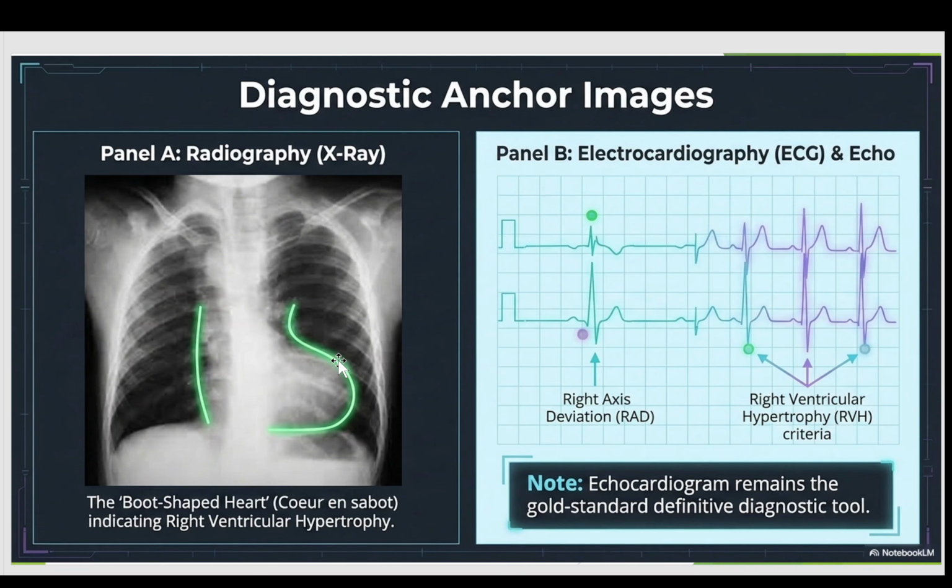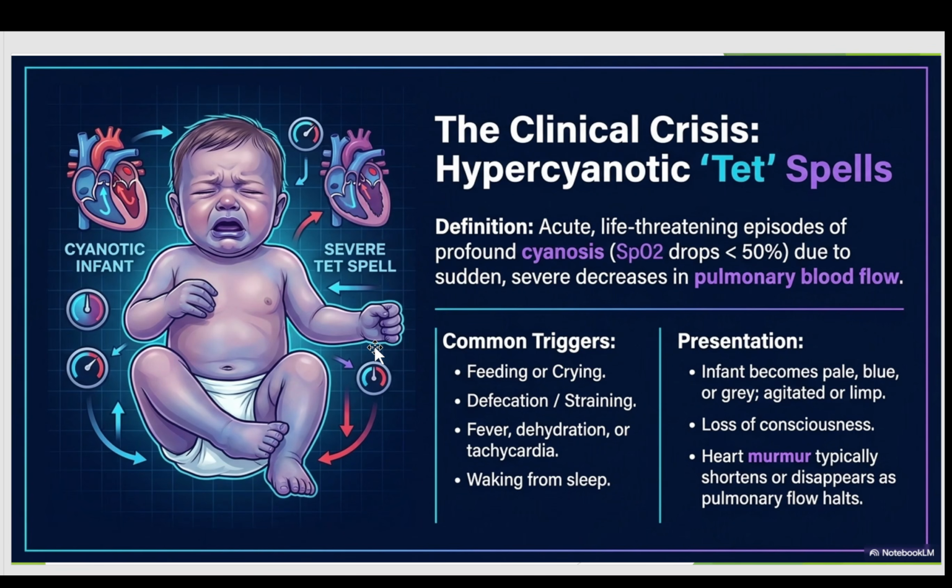The most significant element in TOF is the hypercyanotic TET spell, and this is triggered by feeding, crying, strenuous activity like defecation, any stress on the body like fever, dehydration, or sudden waking from sleep. The patient suddenly becomes more blue and may appear ashen grey.